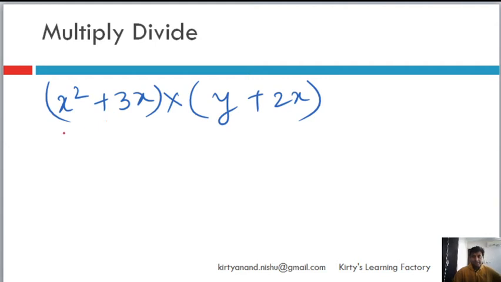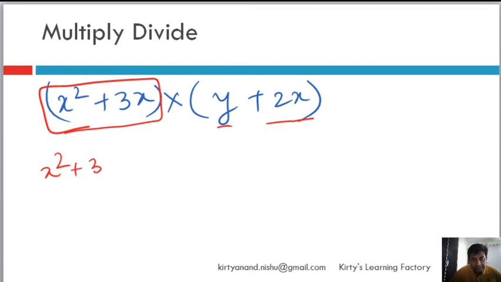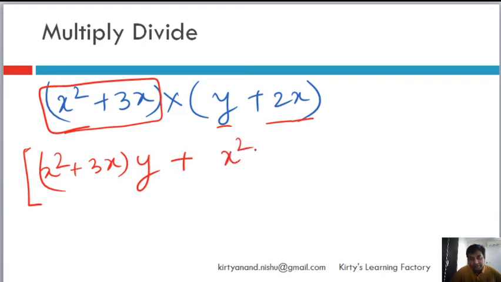So we take either this term as constant, and then we distribute the multiplication over however many terms are here, which means I will break it down as x square plus 3x into y, and then I will say x square plus 3x into 2x, right?